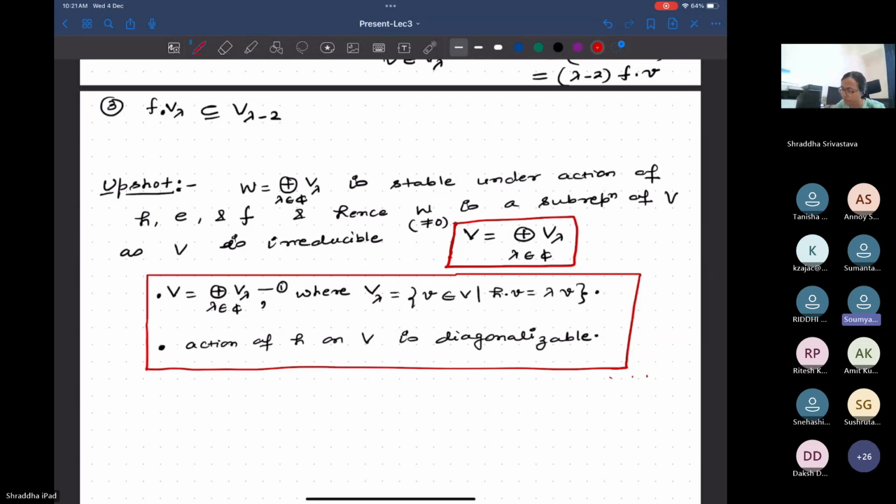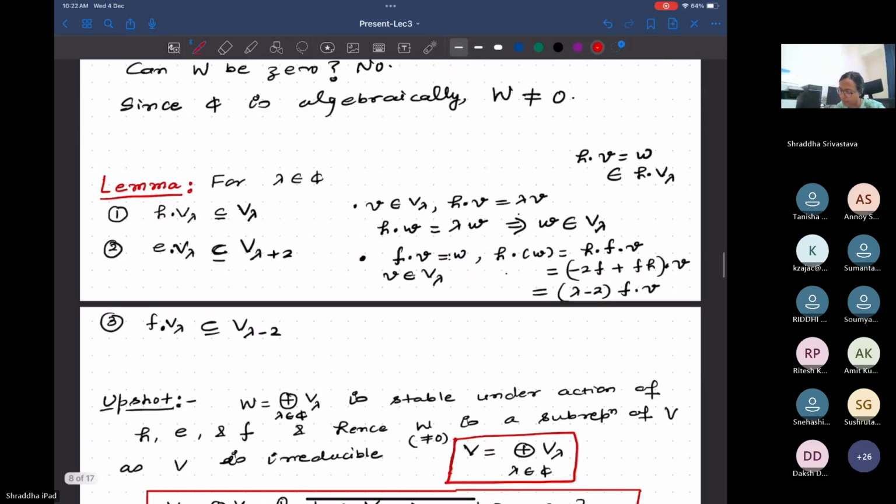Ma'am, I just had a question: do we really need to use C, or can we use just any field, since the diagonal entries are 1 and -1 in the case of H? Do we really need C to get the eigenvector? Characteristic 0 you would definitely need.